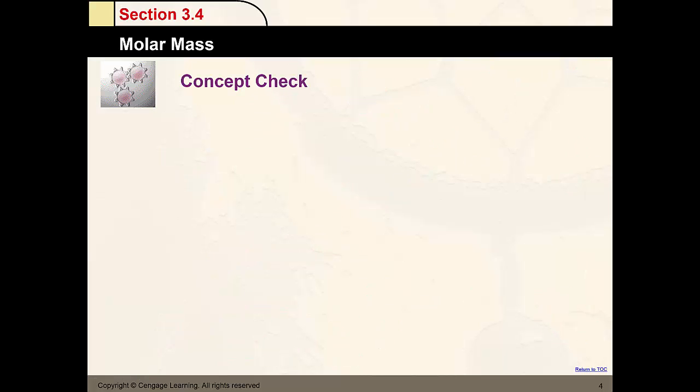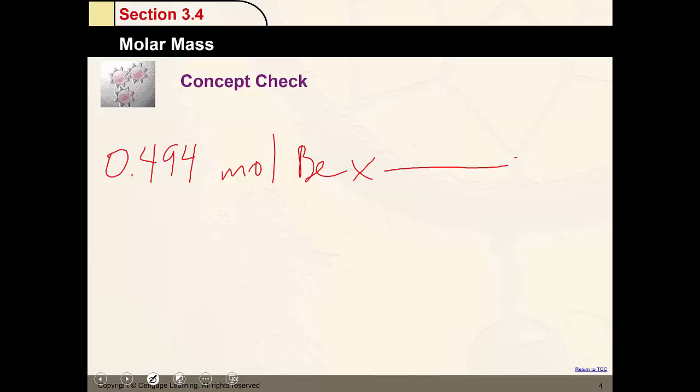So if I have 0.494 moles of beryllium, and I asked you how many grams are in this number of moles of beryllium, so this is a moles to grams problem. I'm asking for grams, and not just grams, but grams of beryllium. So you know, moles to grams, you have to multiply by the molar mass of beryllium, which is 9.01.